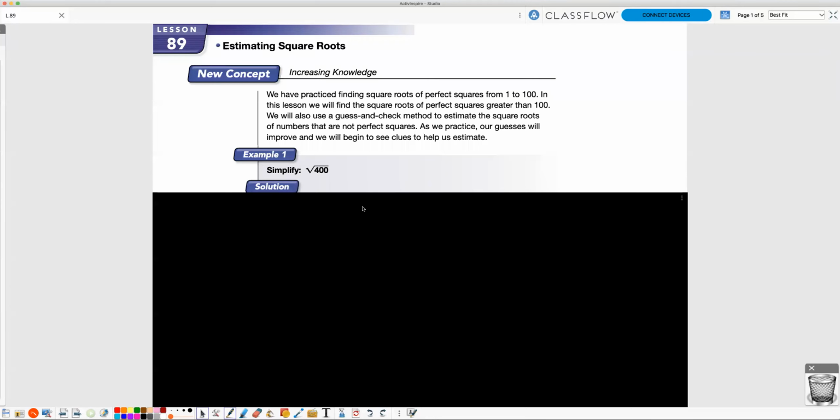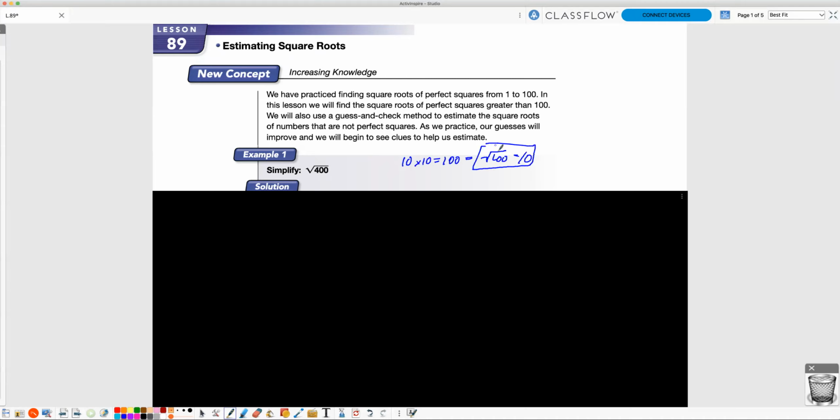So for example, for the square root of 400, all you can do is guess and check in many cases. So in this, we might guess that 10 times 10 equals 100. Therefore, the square root of 100 equals 10.